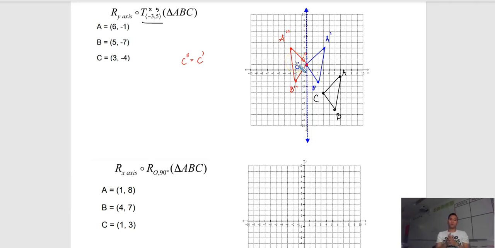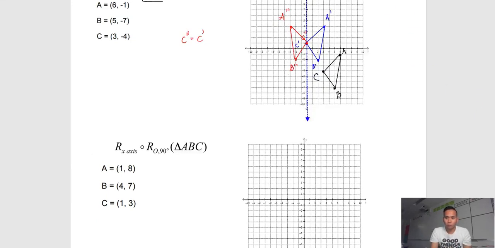So we translated -3 and 5, so 3 to the left and 5 up. And then we reflected along the line of reflection, which is the y-axis.